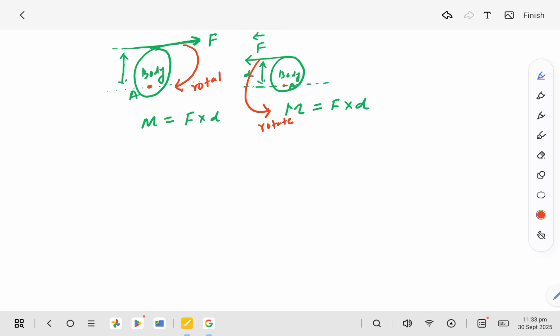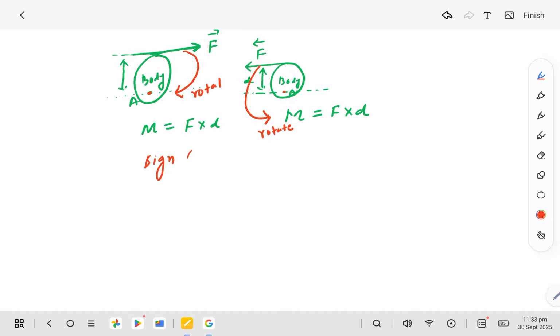So in this case, we use the sign for this, which is nothing but the clockwise.